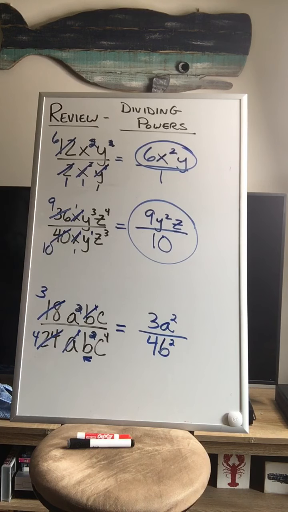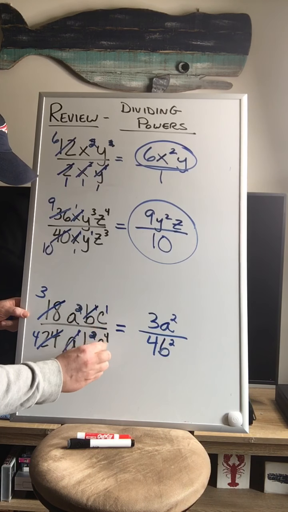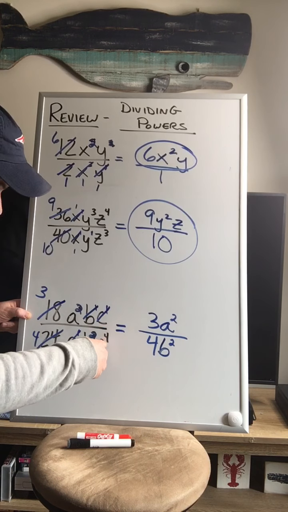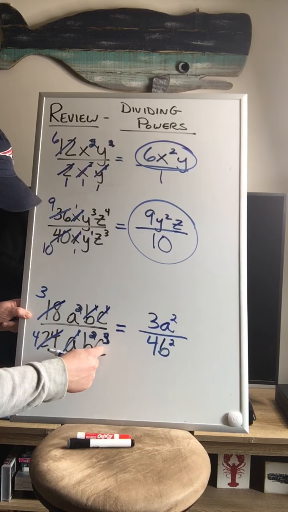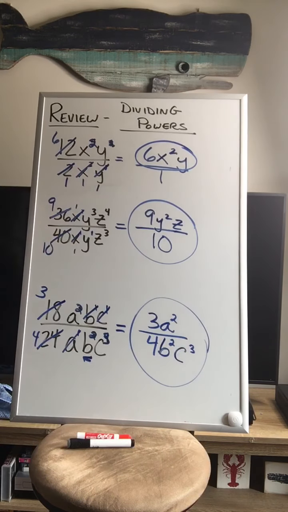So remember when we did that in class, that's how we had to think about it. Same thing with the c's. You have c to the first in the numerator divided by c to the fourth in the denominator. So this c is going to cancel out with one of those, leaving 3 in the denominator. C to the third. Final answer.